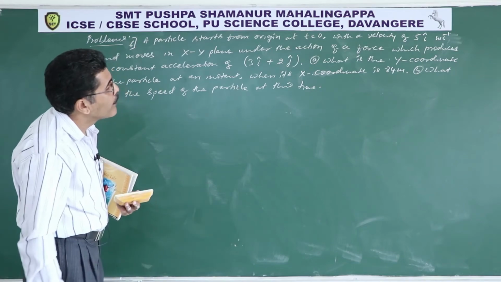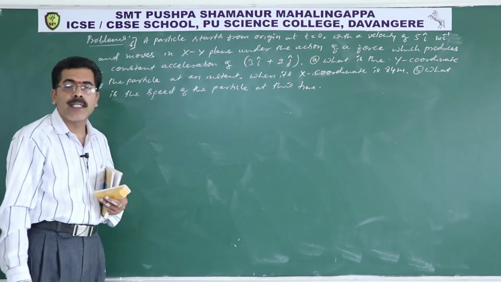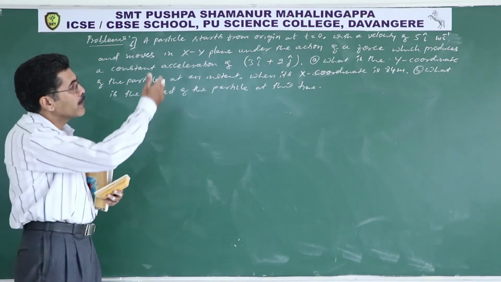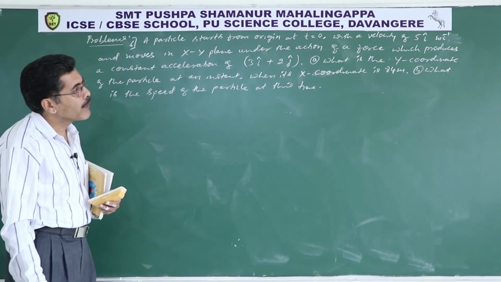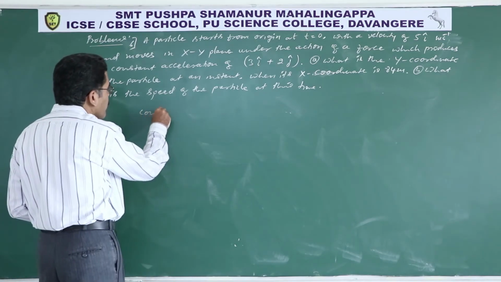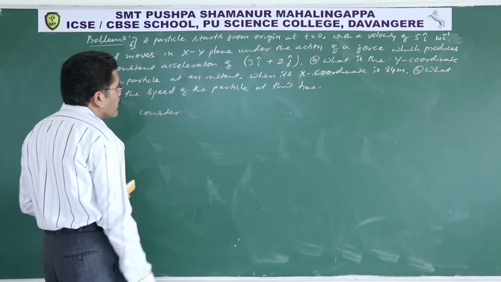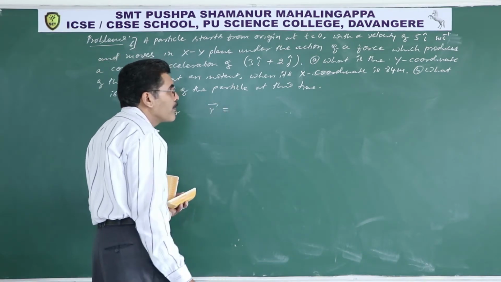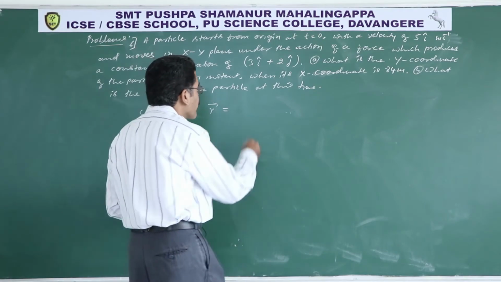Okay, now let us find out the distance covered or displacement using this data, and later on we shall make the calculation. Consider the equation r is equal to ut plus half at square.